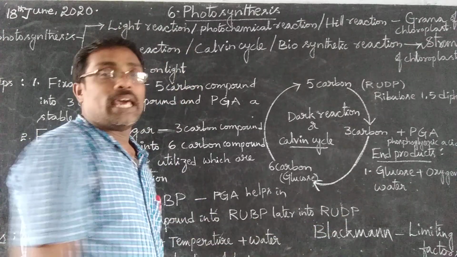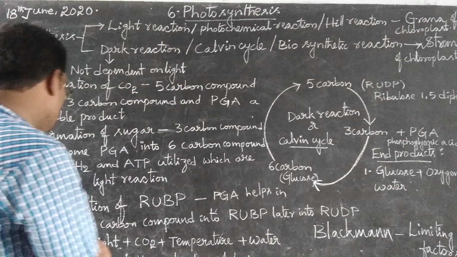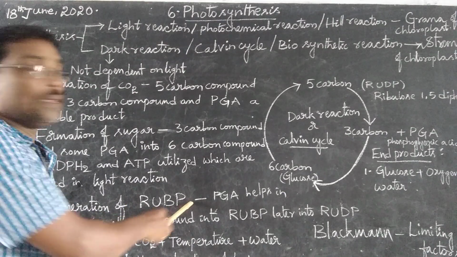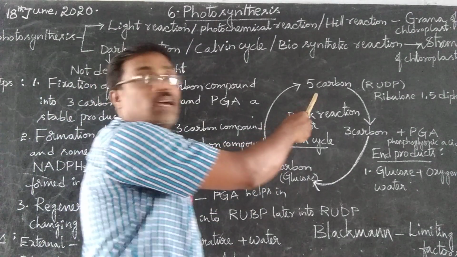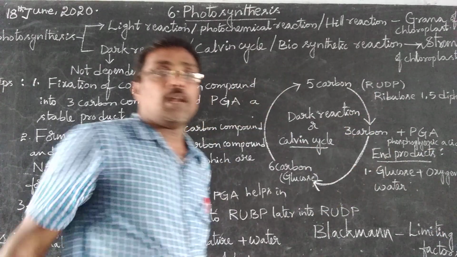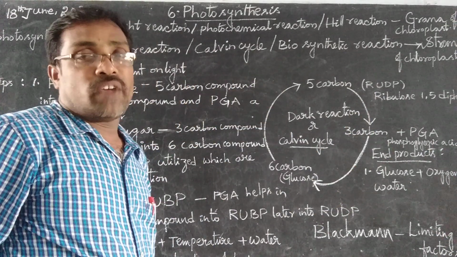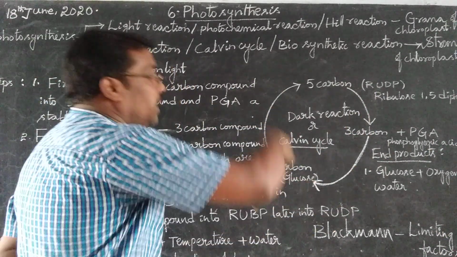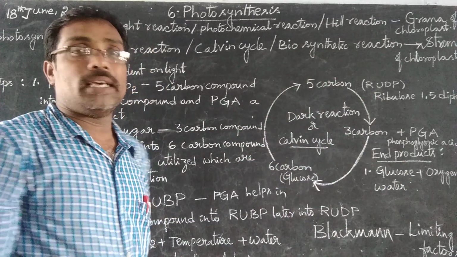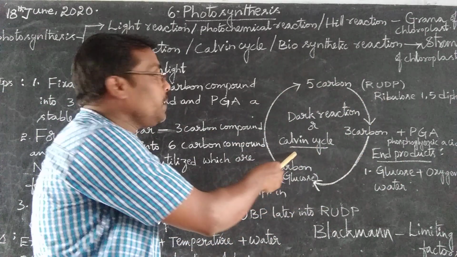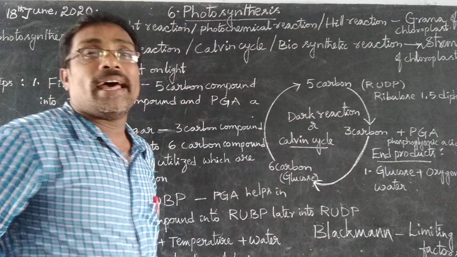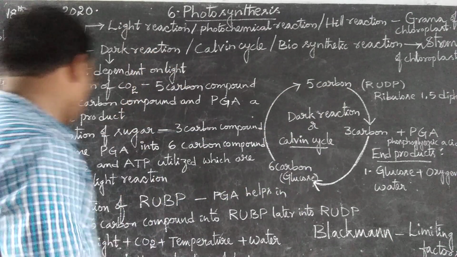In a cyclic manner, these changes take place, and it was observed by a scientist called Calvin. That's why the dark reaction is also called the Calvin cycle.